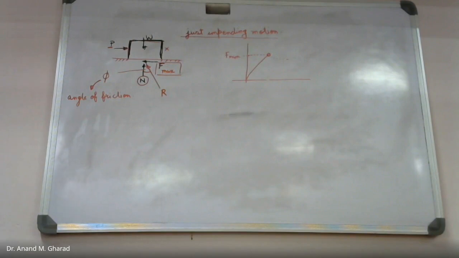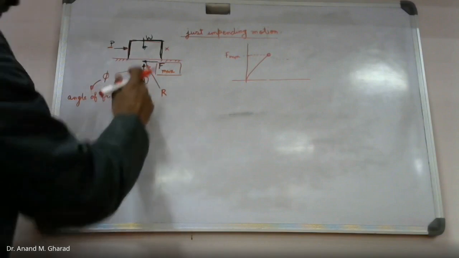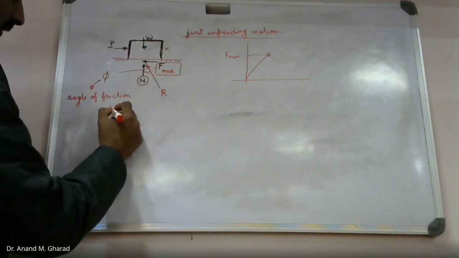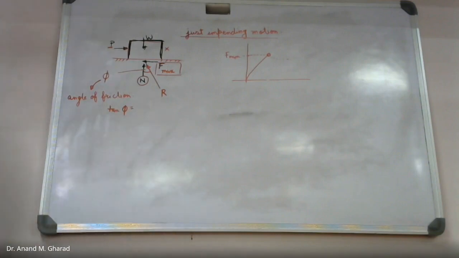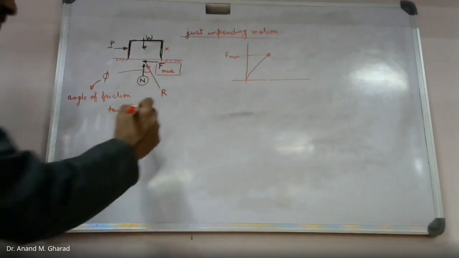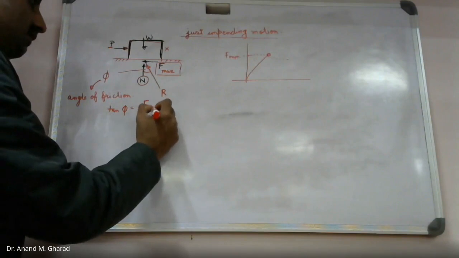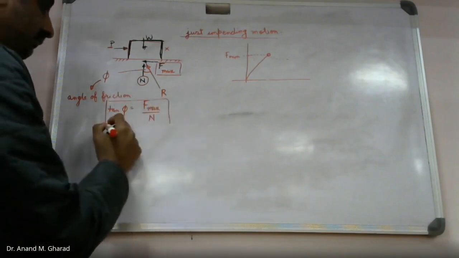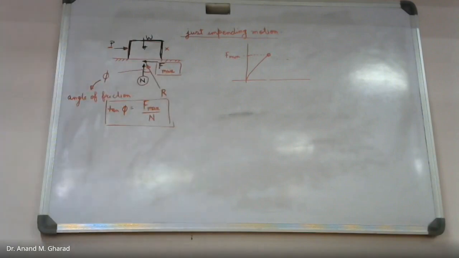Okay, this is known as the angle of friction, and if I want to express this value for the angle of friction, it will be nothing but tan phi. Tan phi will be equal to, can I say, F max divided by N? Will it be okay? F max divided by N. Am I audible?